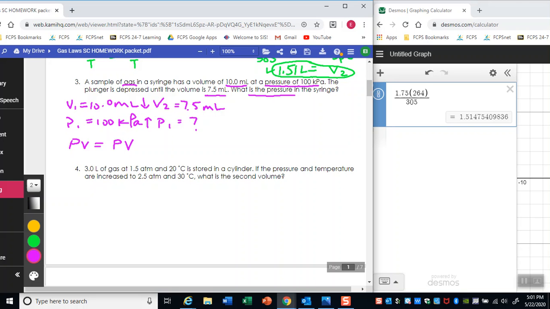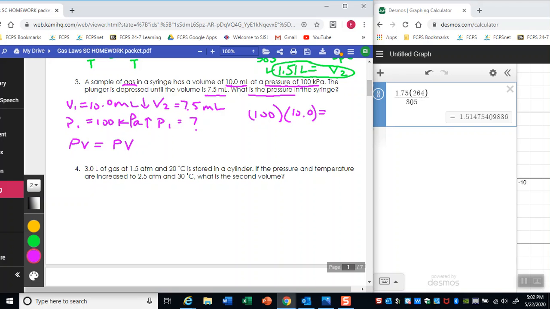All right, so now I'm going to substitute into the equation. So my pressure was 100. The volume that was with that pressure, the 10 milliliters went with the 100. All right, so I have 10 milliliters.